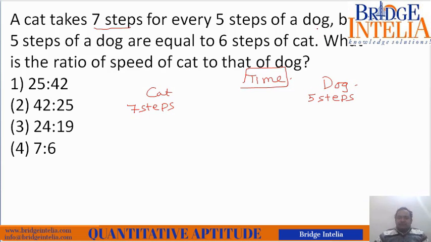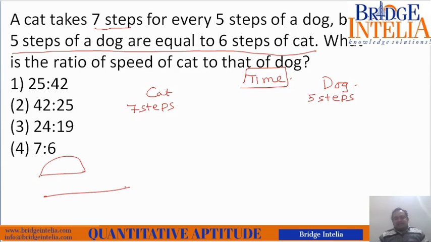What else? But 5 steps of a dog are equal to 6 steps of a cat. What is meant by this statement? This basically means that in one step they are not covering the same distance. It is not necessary that a step means an equal amount of distance.